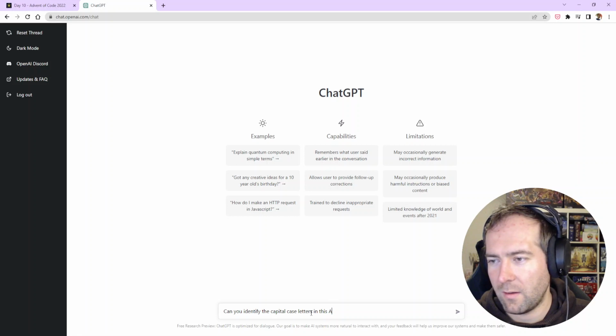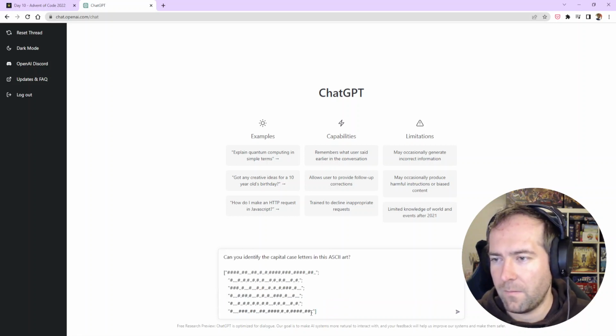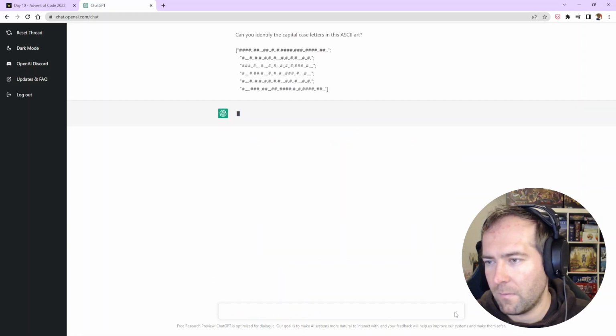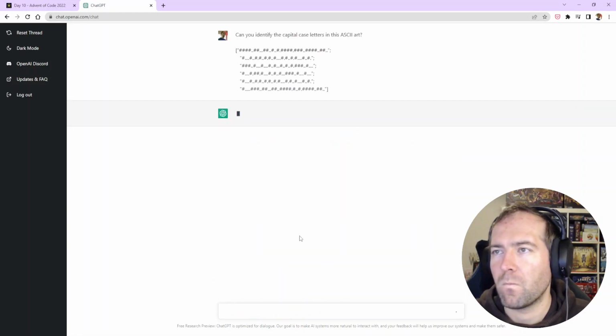Can you identify the capital case letters in this ASCII art? Ooh, that was a hard one.